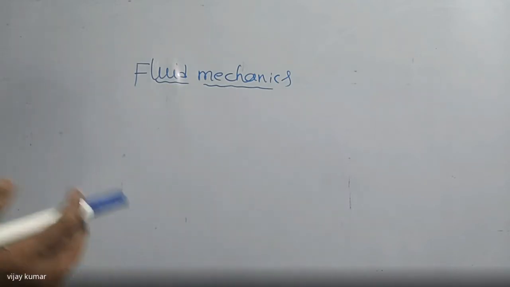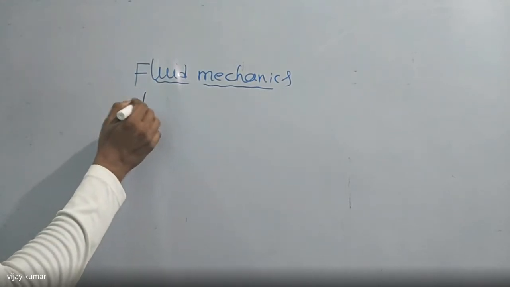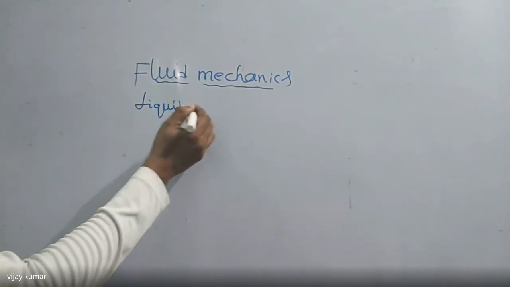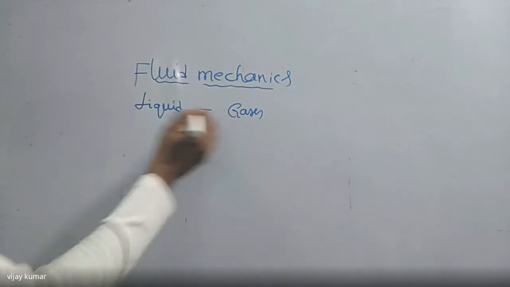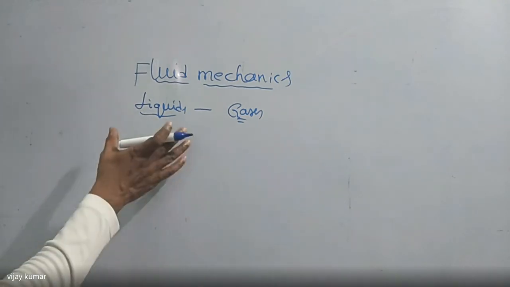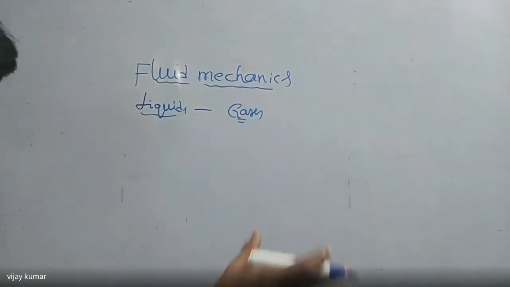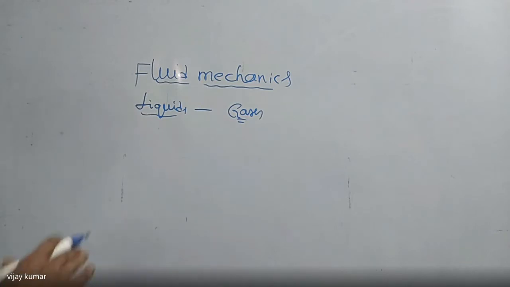We are having liquids and gases in case of fluids. We are taking one standard liquid and one standard gas, and I want to know the properties of these two standard fluids. That means fluid properties of water and air. Air is nothing but the standard gas.